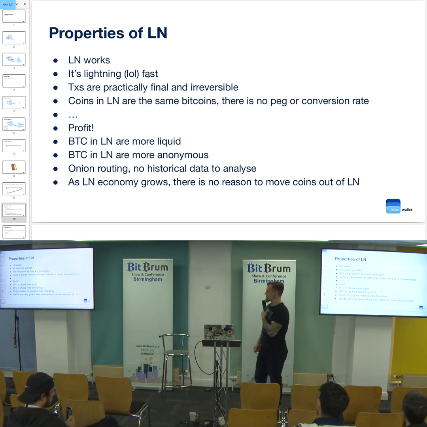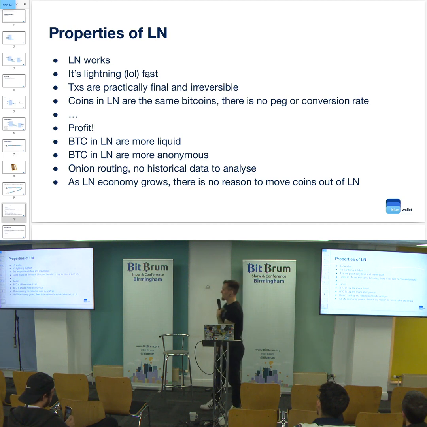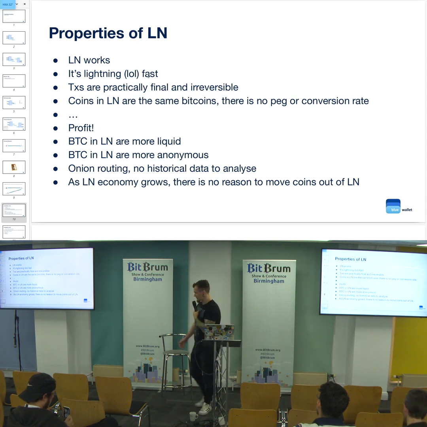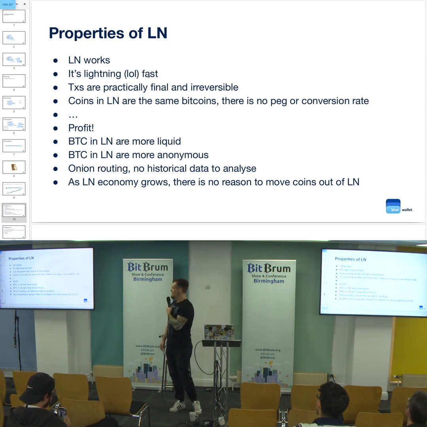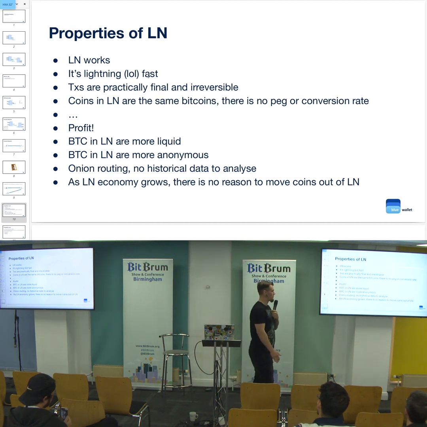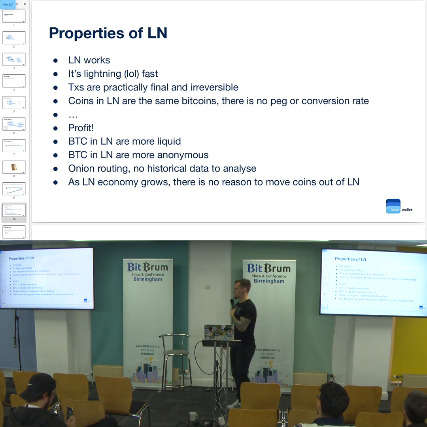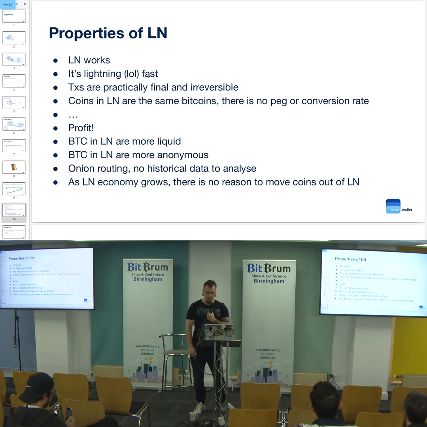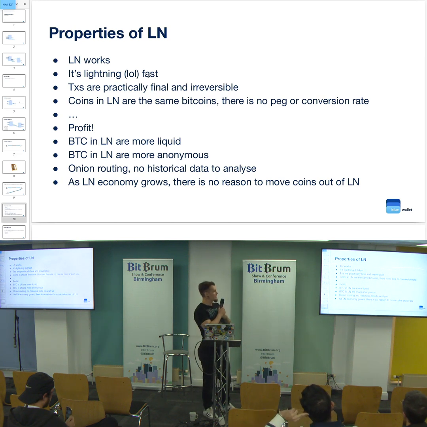And since it's encrypted, nobody logs it, and there is no centralized data of the whole transaction history of the Lightning Network. There is none. So if someone gets de-anonymized accidentally in the future, it won't be possible to go back through the blockchain and see what he was paying for, who he was transacting with. There's no such data. It's quite anonymous. So this is why some people think that coins inside the Lightning Network should be valued more than regular Bitcoins.